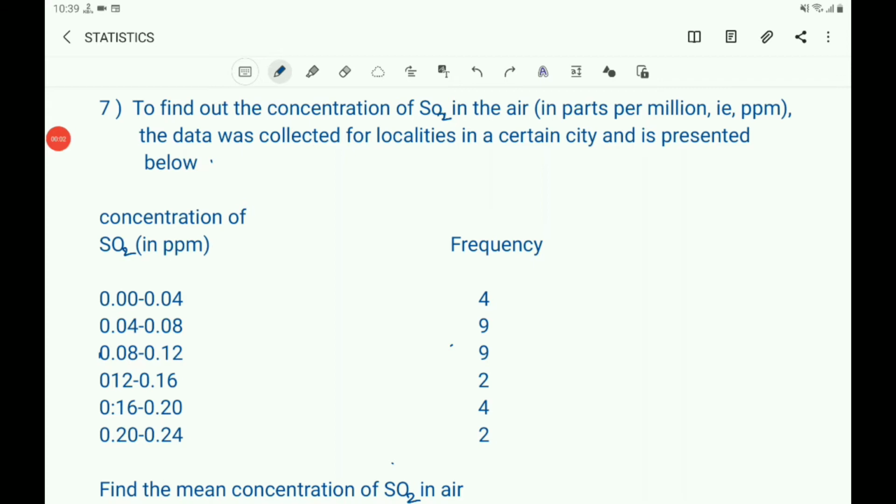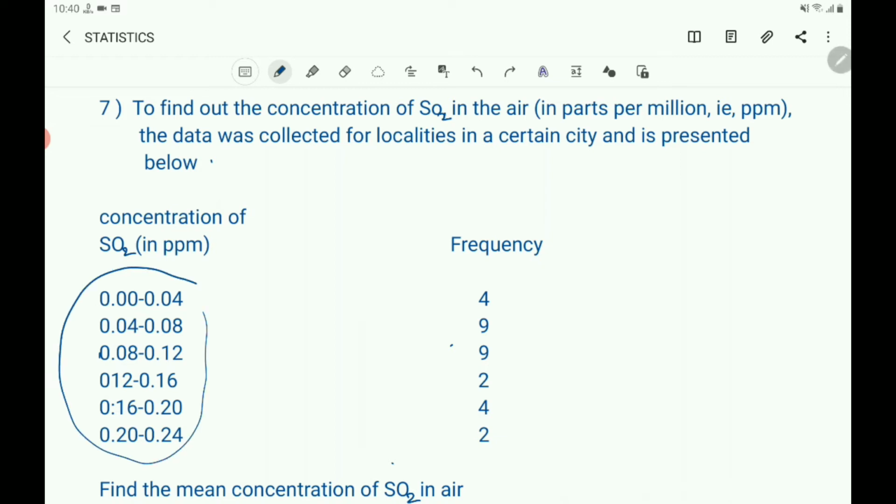Then the seventh question: to find out the concentration of SO2, that is sulfur dioxide, in the air, in parts per million, short form ppm. The data was collected for localities in a certain city and is presented below.